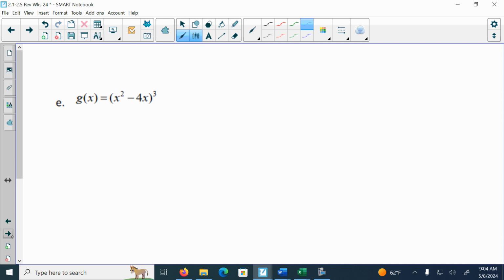Okay, moving on, I'm going to use the chain rule. I have a quantity raised to a power. So when I use the chain rule, I'm going to use the general power rule, bring that 3 down, leave the parenthesis alone exactly the way I see it, and reduce the power by 1, so this is now raised to the second power. Now I multiply by the derivative of what's inside, which is 2x minus 4.